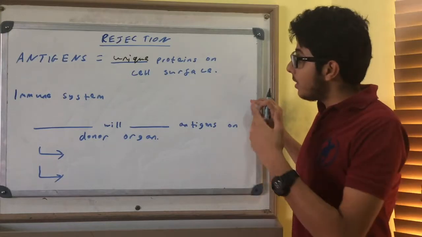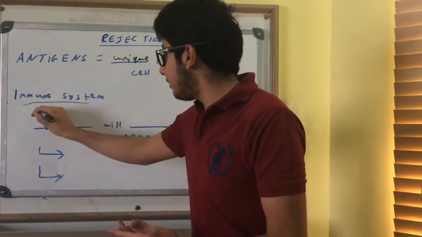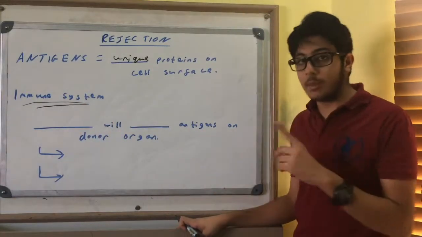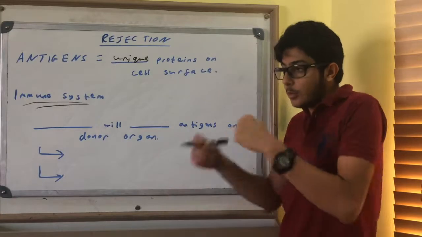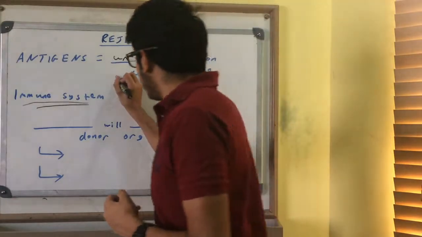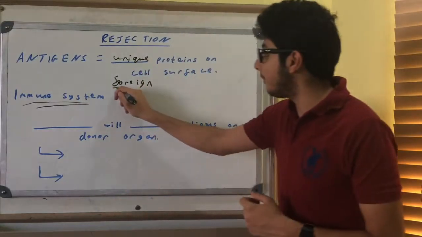So there is a risk that the immune system will do something about this. Okay? That donor with different antigens from your own body will be seen as foreign.